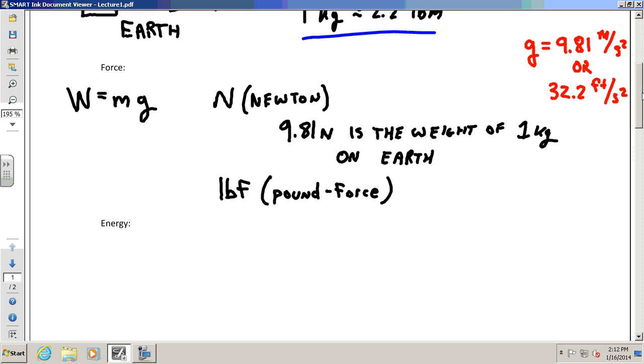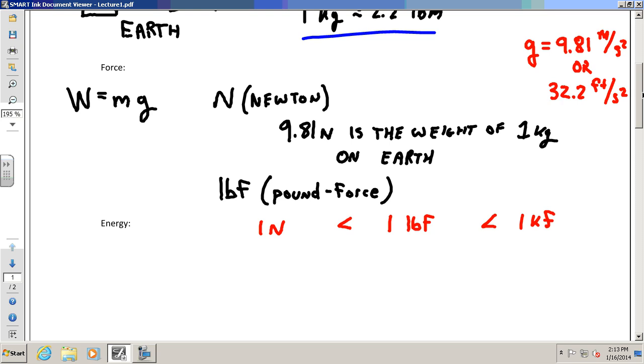Now, to help you a little bit with this, let me give you an analogy and a comparison. We've got 3 different units of force that I've just mentioned. 1 Newton is smaller than 1 pound force, which is smaller than 1 kilogram force.